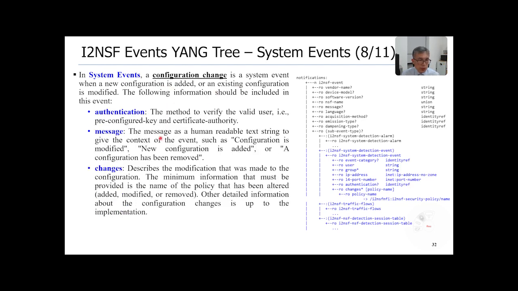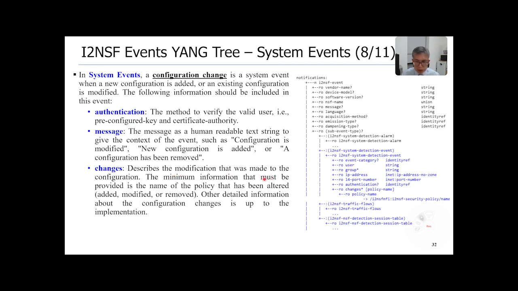We also have authentication. The authentication is the method to verify the valid user, pre-configured key or certificate authority, CA based. The message is human readable text: configuration is modified, or new configuration added, or a configuration has been removed.